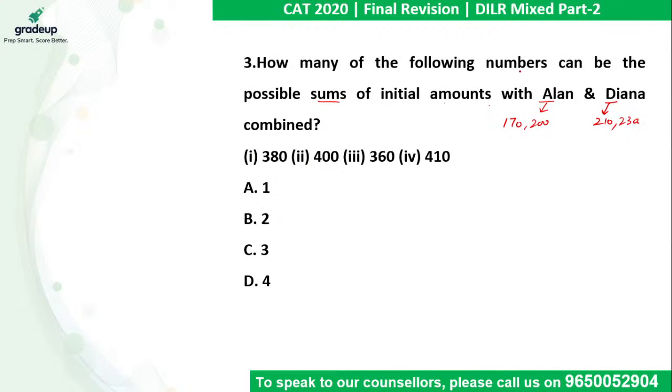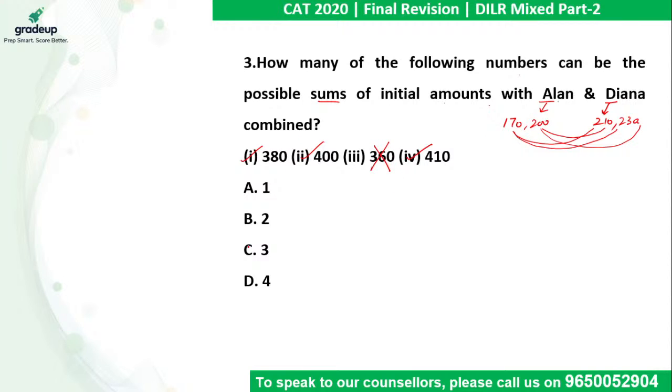So how many of the following numbers can be the possible sums of initial amounts? So 170 and 210 adds up to 380. So 380 is possible. 170 and 230 adds up to 400, which is again possible. 200 and 210 adds up to 410, that is possible. 200, 230 adds up to 430, so 360 is not possible.